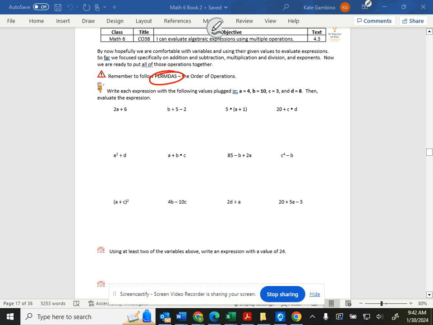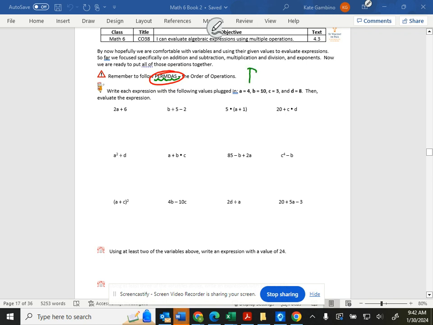Remembering that if they are on the same level, it's whichever one you come to first. So if you come to a subtracting before you add, you subtract first. Just because we say add, subtract, doesn't mean you have to add first always. It's whatever you hit first, reading from left to right.